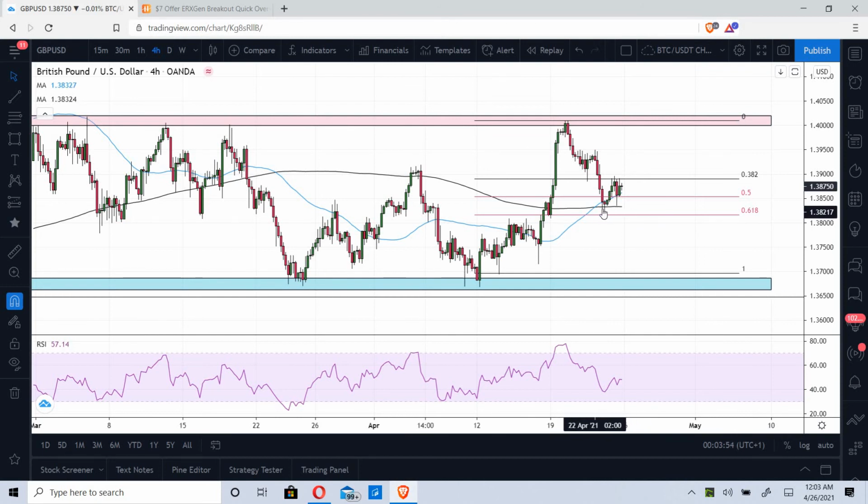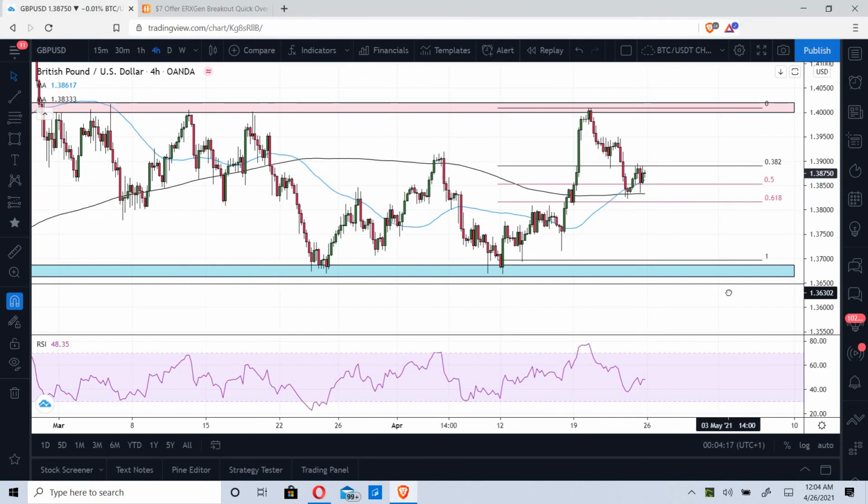Also, at these two levels, 61.8% Fibonacci and 50% Fibonacci, these two moving averages are crossing at this point, signaling that there is more buying pressure here than selling pressure. So these are two factors of confluence. At this point we can take a long position here, if the market resumes.